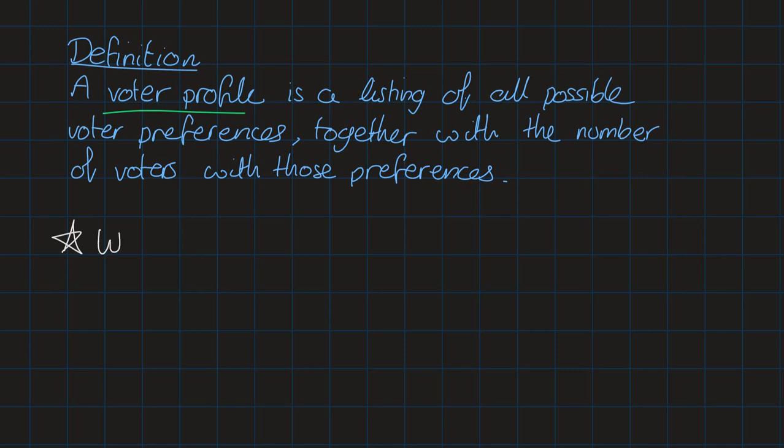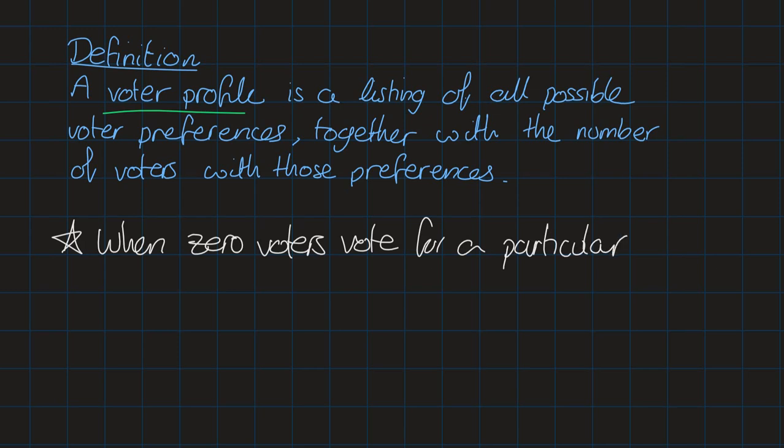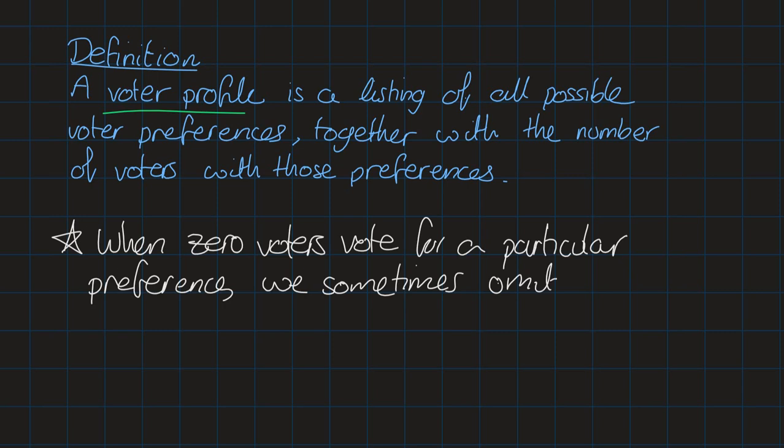So when 0 voters vote for a particular preference, we sometimes omit it from the voter profile. This is just to save space and make writing it down a bit easier.